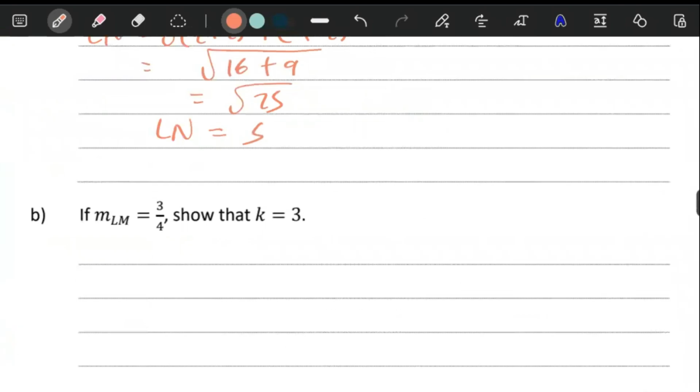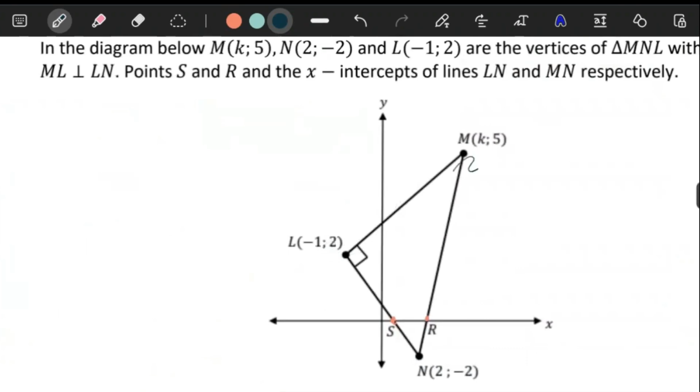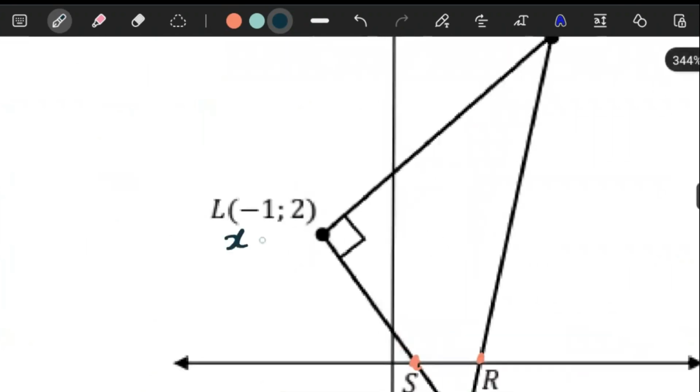It says show that the gradient, this is asking for the gradient, because gradient is the m. The gradient of Lm is 3 over 4. Wait, if they've given you the gradient, then they're asking you to get the coordinate of k. So Lm, L here, m there. You can use the gradient formula.